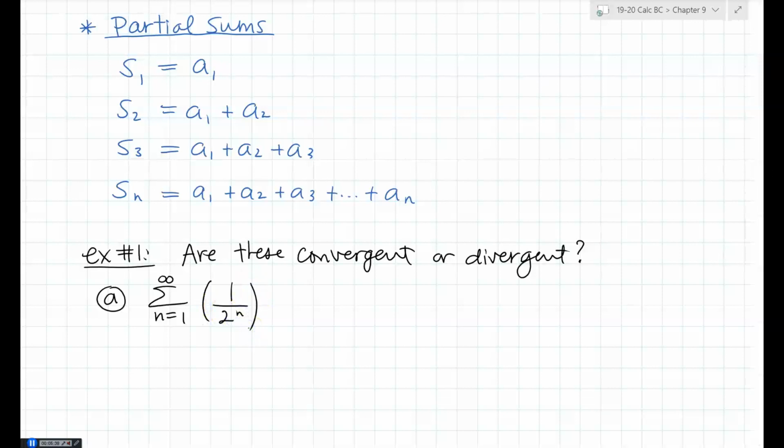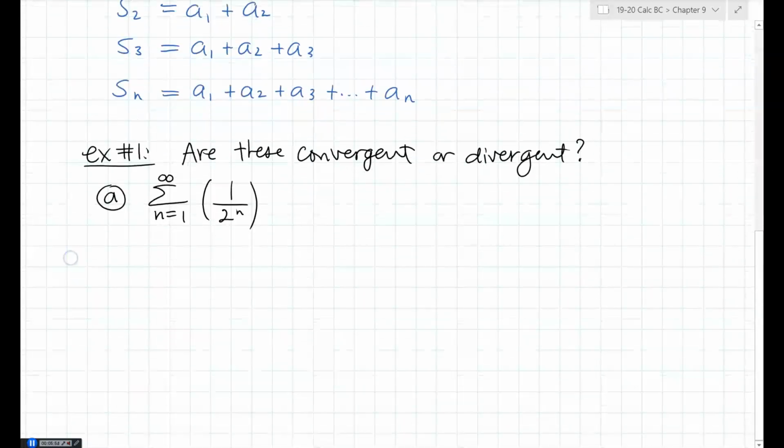So the way you do this is you check the partial sums, okay? You've got to figure out what some of the partial sums are. You want to find S sub 1, S sub 2, S sub 3, etc. Let's find a couple of them. So S sub 1 would be 1/2.